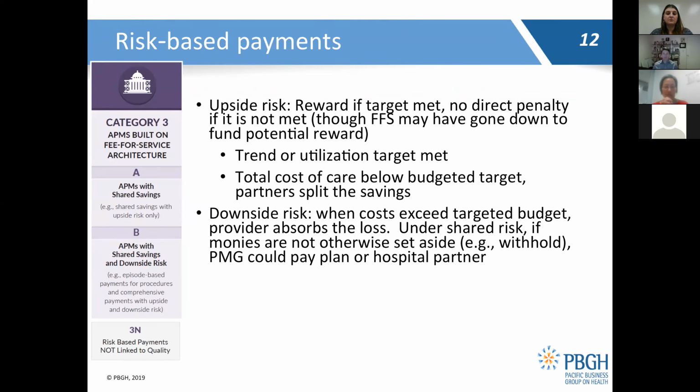And in some cases, the penalty itself may be capped because it's challenging to have significant swings that could be occurring year over year.